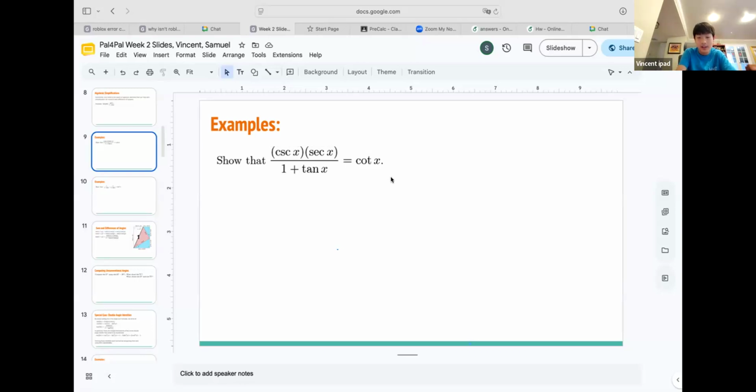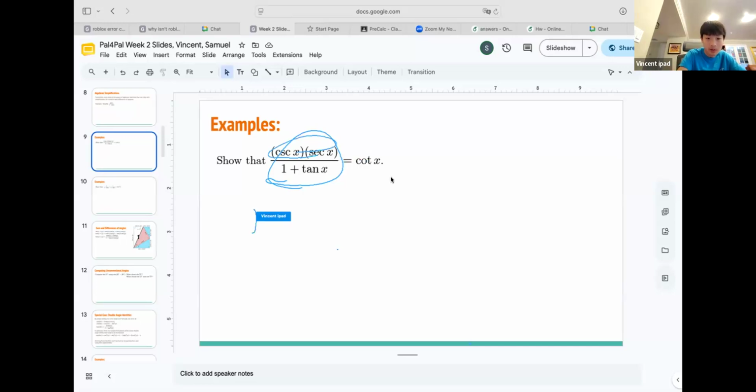Okay. So how I do this, it's not nice seeing a bunch of different trigonometric functions. So you're going to want to express them all in terms of sine and cosine. Simplify this because it's much messier. 1 over cosecant, and 1 over sine x times 1 over cosine x. So you can move that to the denominator.